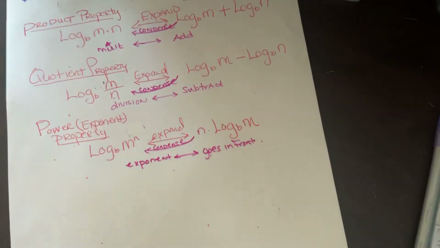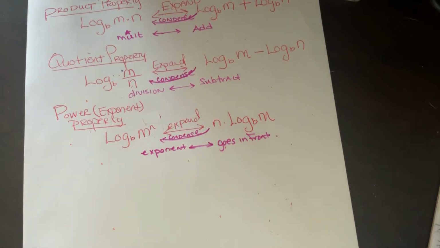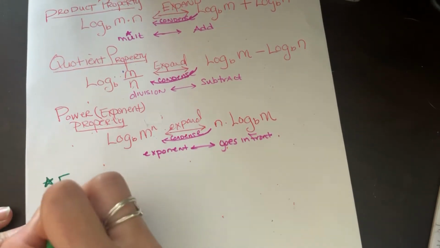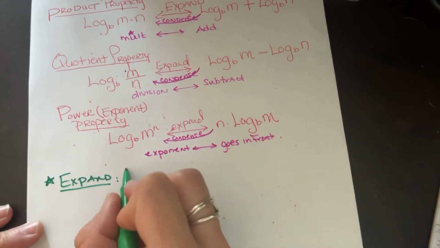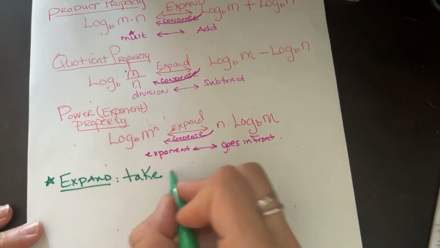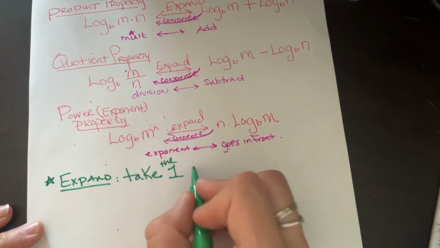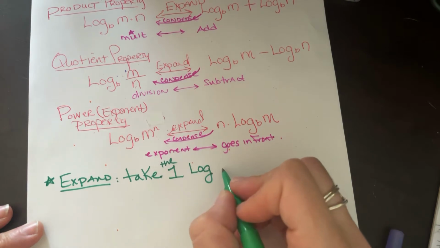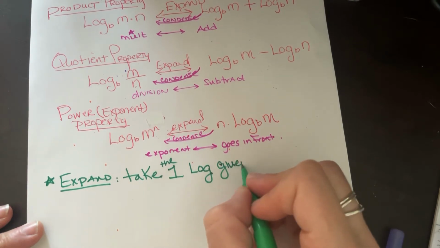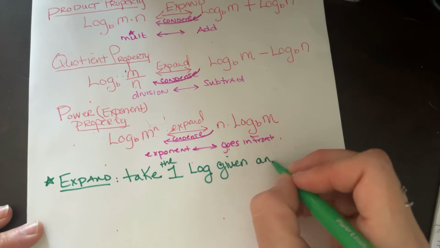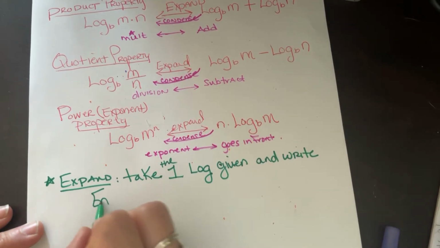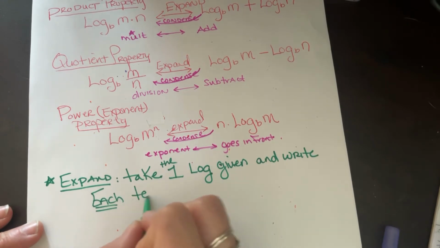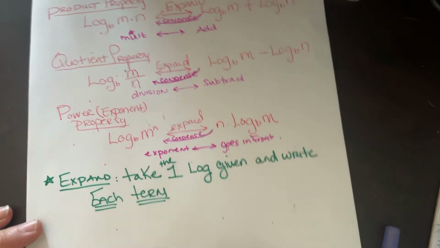Okay? And one more thing before we start to do our examples. When we expand, so the idea of expanding is you are going to take the one log that you are given. So you're going to be given something, and we are going to write each term. So make sure you understand. This is how many logs you're going to have. If you have 3 terms, that's how many logs you have.